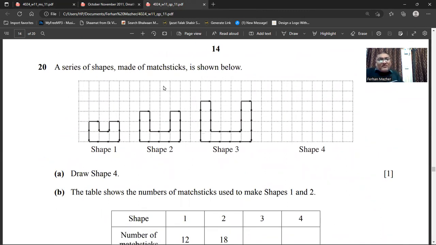A series of shapes made of matchsticks is shown below. Draw shape number 4. Okay, in shape number 1, 1, 2, 3, and the height is 1, 2. In shape number 2, we have 1, 2, 3, 4, and 1, 2, 3. In shape number 3, 1, 2, 3, 4, 5, and 1, 2, 3, 4.